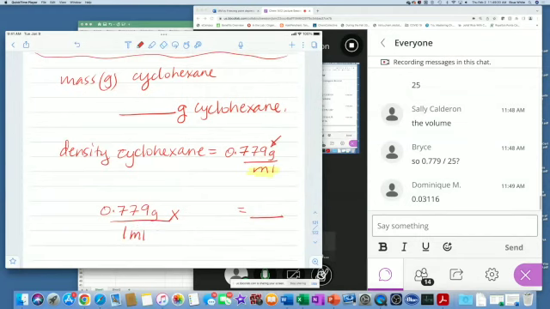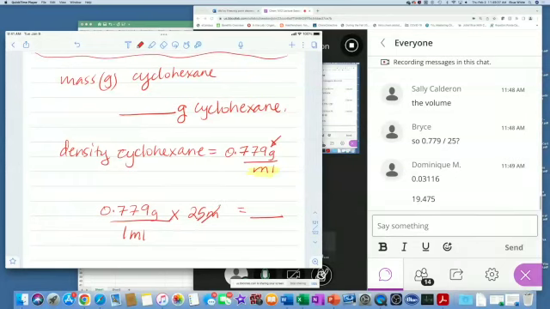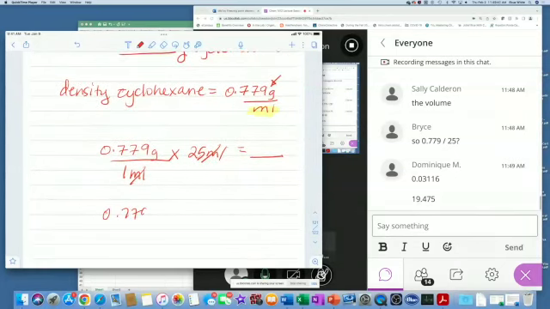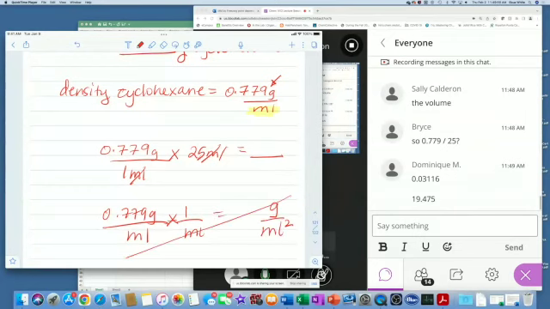Here I have 1 milliliter, here I have 25 milliliters, and yes, it cancels out like this. If you divide, then you have milliliter here. Dividing by milliliter is the same thing as multiplying by 1 over milliliter. All it does is make the situation worse, because now you end up with grams per milliliter squared. So this is not going to work. We want grams only. And yes, it's 19.475 grams. Okay, so I'm going to go ahead and put that in here.